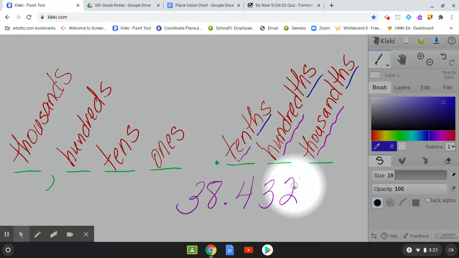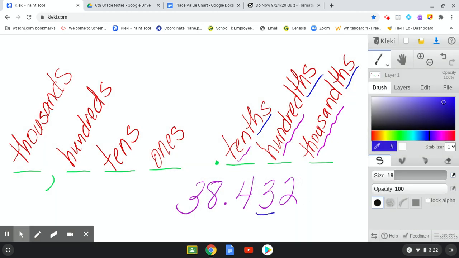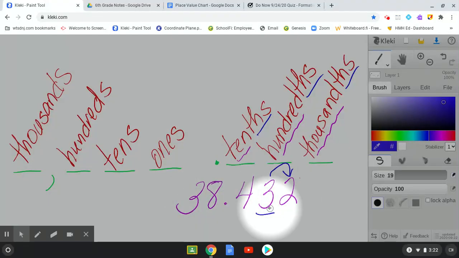All right. Now I want to round to the hundredths place. So tenths, hundredths, thousandths, right? Always going from the decimal place, I always start technically here: tenths, hundredths, thousandths, and I want to round to the hundredths place. So I'm going to underline my 3, draw my arrow to my 2. Well, my 2 is telling me that my 3 is going to stay the same.